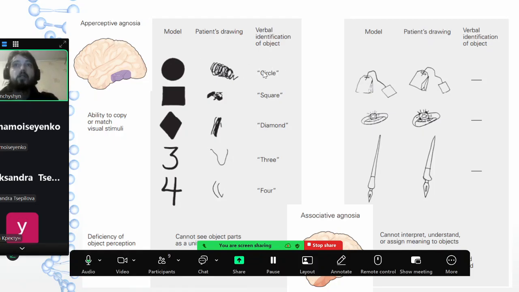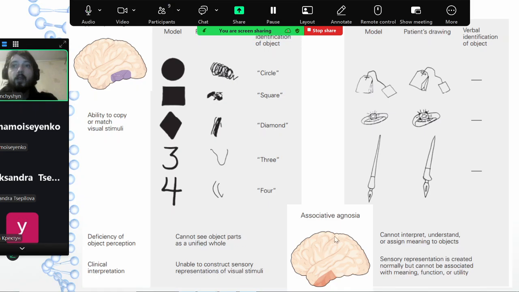I'm seeing a circle, I'm seeing a square, a diamond, I'm seeing number 3, number 4, but he's unable to draw them. So that's what happens if this area is damaged. That leads to the fact that these patients cannot see objects' parts as a unified whole, and that's why they are unable to construct sensory representations of the visual stimuli.